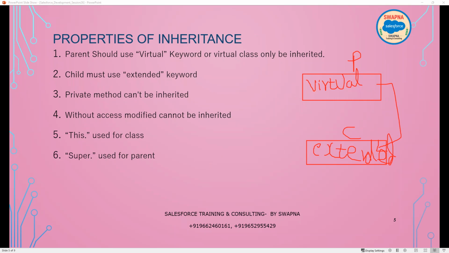We'll see the example of where to use super and where to use this. Usually this is used for the class, so this dot class name. And then super dot, whatever parent variables or anything that you want to call, you can use the super keyword. Take notes of it.